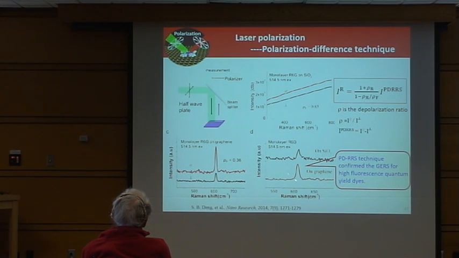Here it clearly shows that for the rhodamine 6G molecules, for the peak at around 600, the intensity with graphene is stronger than that without graphene. That's the advantage of this technique for studying high photoluminescence molecules.